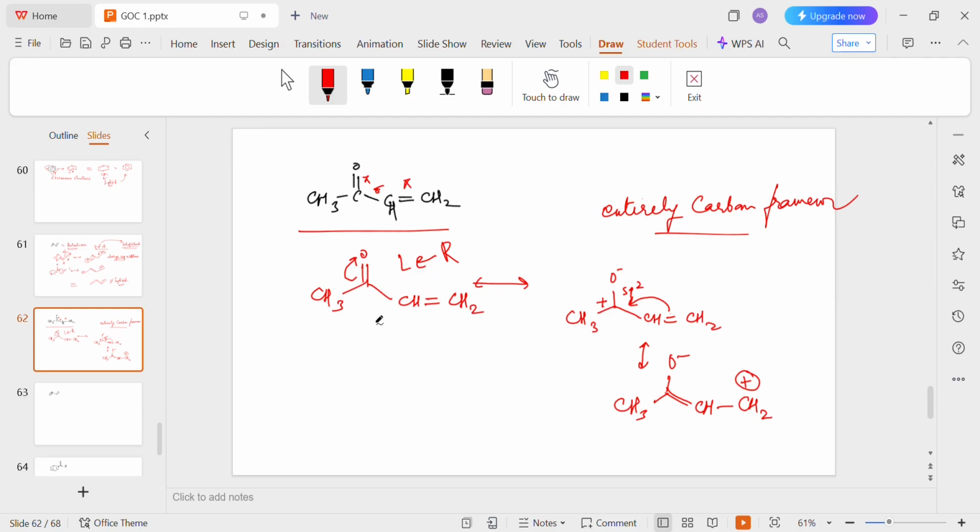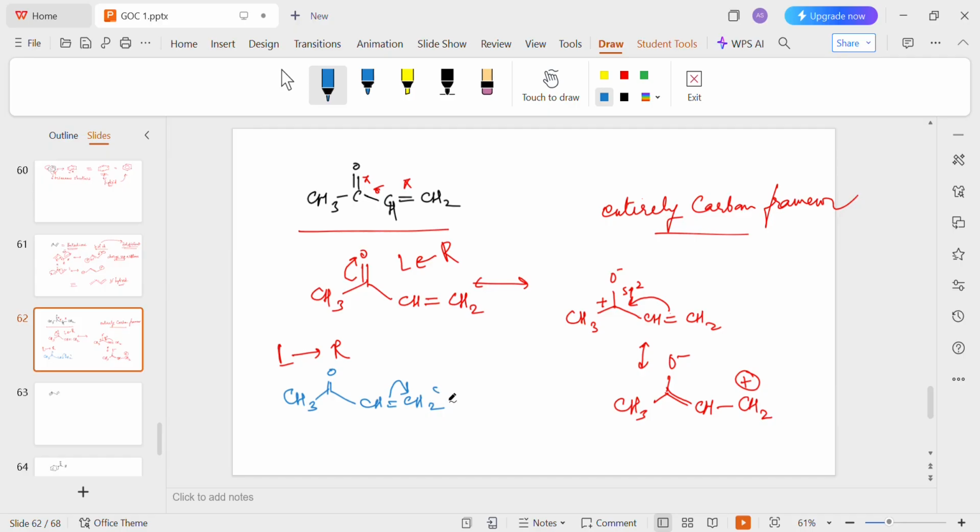Now let us see what happens when you move the pi bond from left to right. Let me draw it with the blue pen. CH3 double bond O, CH double bond CH2. Now let's say this pi bond became polarized.